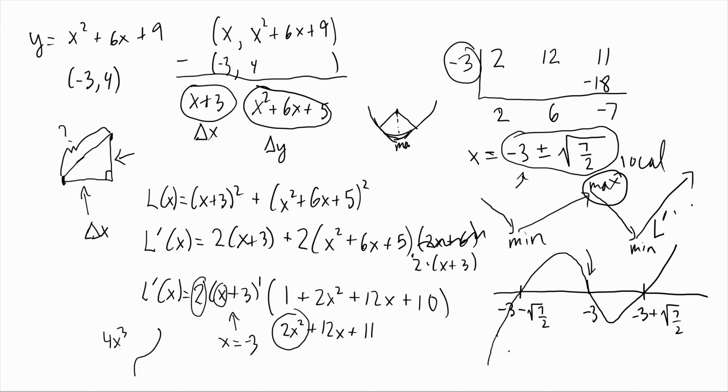So maybe this is a local maximum, but then you have a minimum here and a minimum here, and those would be your minimum distances. There are different ways of thinking about that, but in this particular case, that's what you would get.